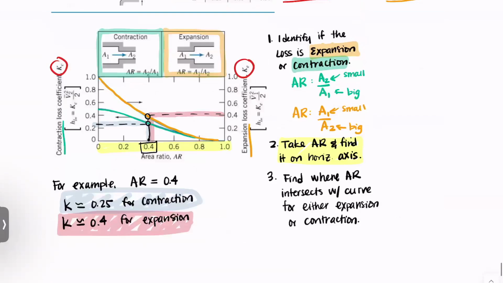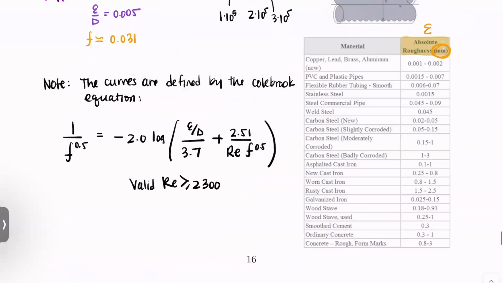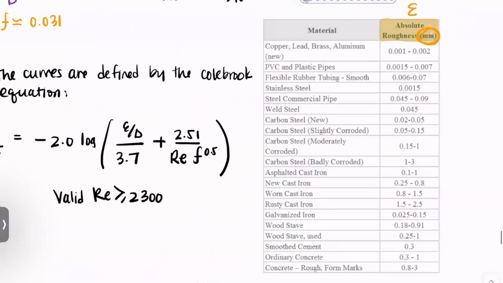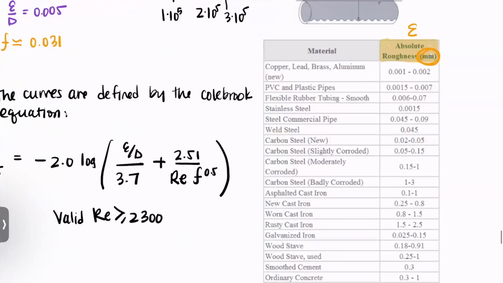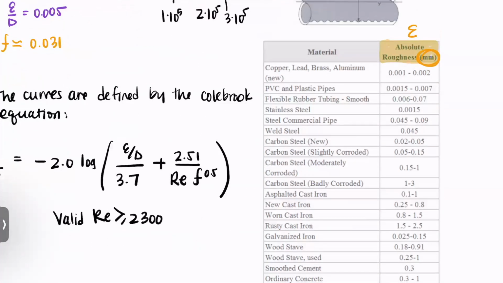All right, so I'm going to take us back to our relative roughness table. Hang on.